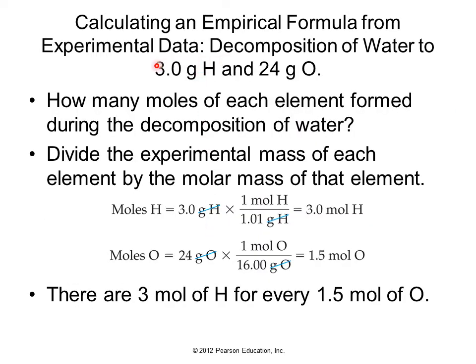Well, the first thing we would do is note the mass ratio. There are 3 grams of hydrogen for 24 grams of oxygen. And then ask yourself how many moles of each element is formed. And remember that if you use the conversion factor that 1 mole of hydrogen is 1.01 grams, that's molar mass found on the periodic chart, you could do this conversion. 3 grams of hydrogen converted to 3 moles of hydrogen.